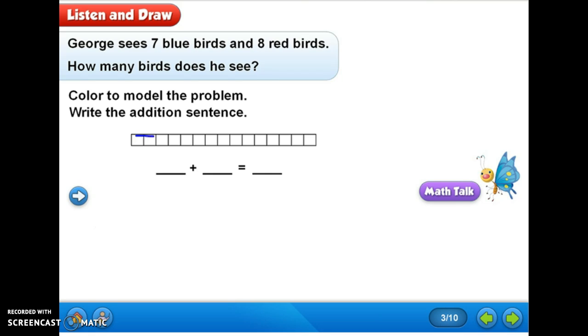1, 2, 3, 4, 5, 6, 7. So I'm going to color these 7 blue. And I want you to color your first 7 blue too. Now if you need more time to color them blue, you know what? I'm going to do my blue just a little bit different.